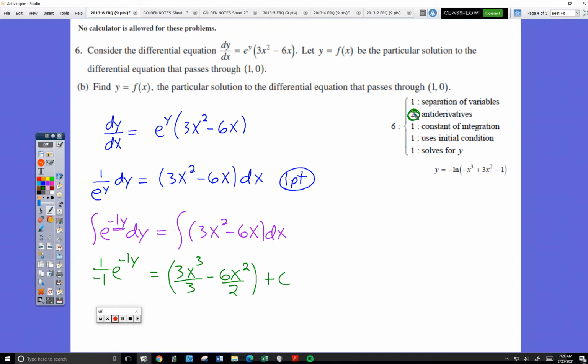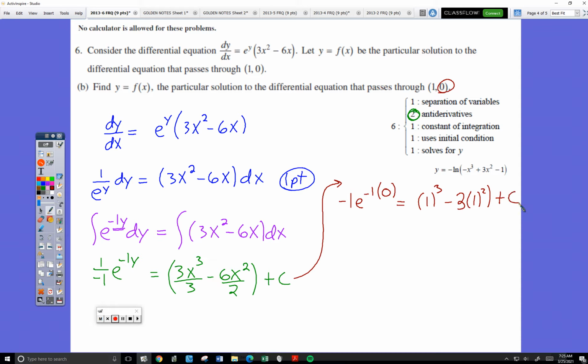So now I need to find the constant. We have negative 1 e raised to the negative 1 multiplied by the y value, which is 0, must equal the x value cubed minus 3 times the x value squared plus c.